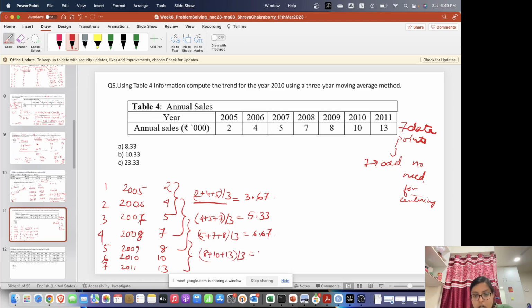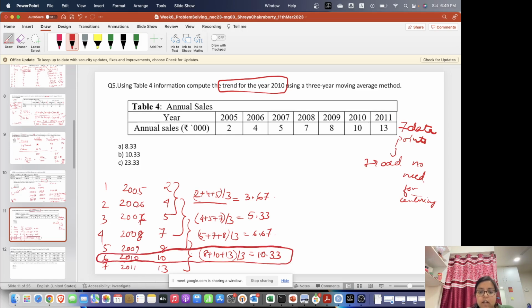This would be 10.33. Now the question is trend for the year 2010. So whatever is aligned with 2010, that one we are going to take. So then the answer is 10.33.